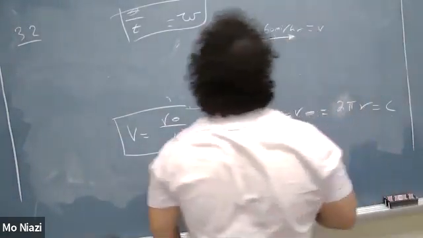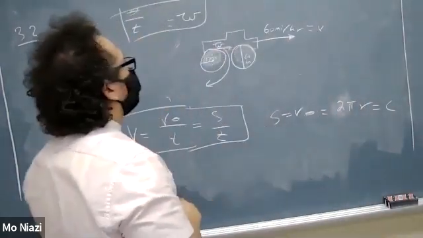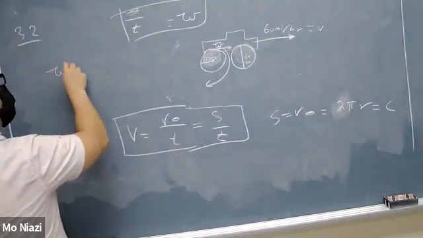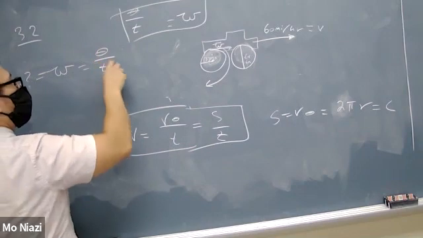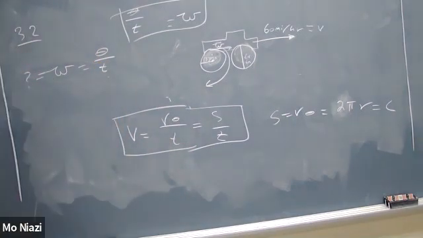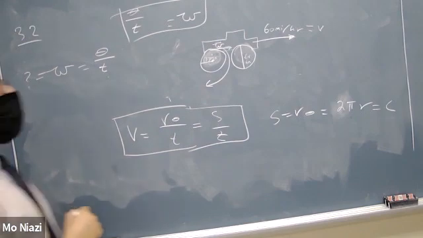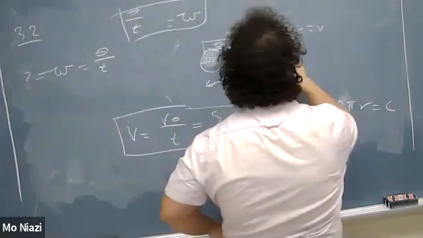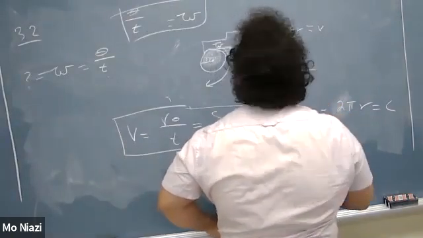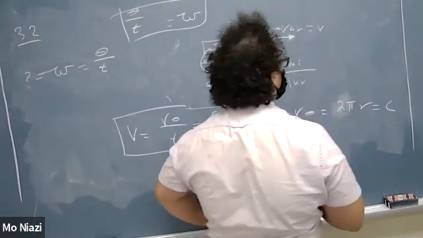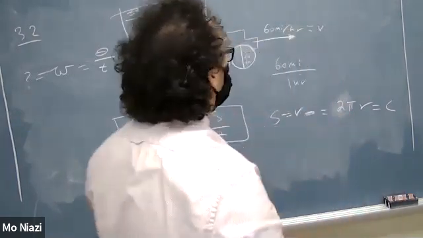How would we do this, guys? Because what we want to know is what is omega? And that is theta over t. So we've got to figure out how many radians it is rotating through per unit of time. So first, we have to convert this 60 miles in 1 hour to something, right? That's the only piece of information we have.